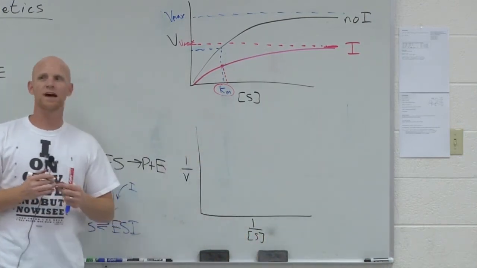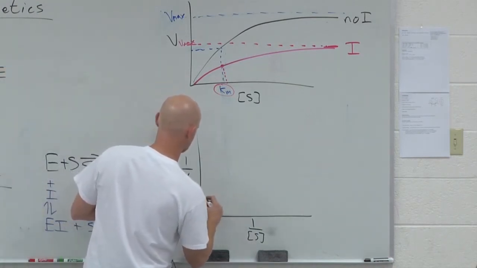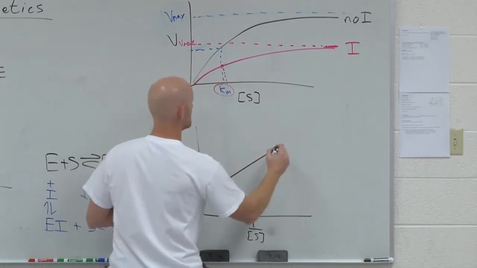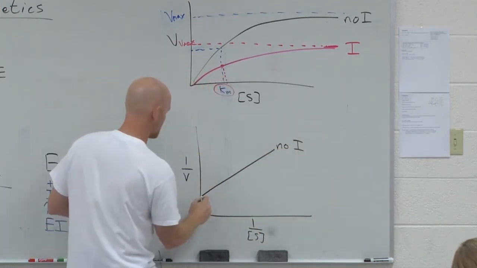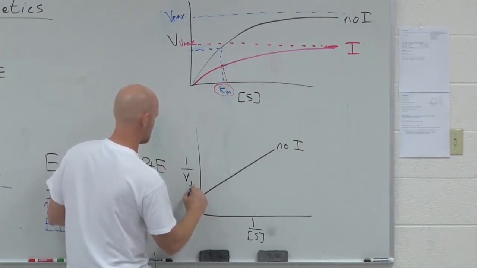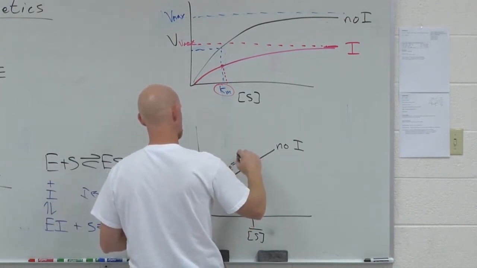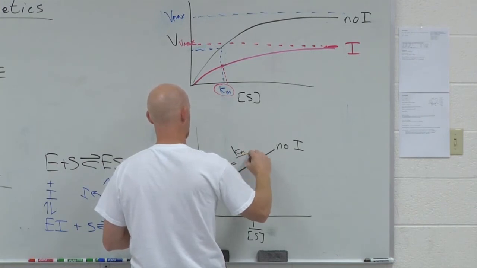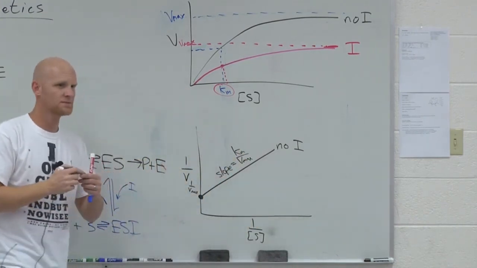So now if we look at our Lineweaver-Burk plot, and again, if we look at no inhibitor, and again, keeping in mind that our y-intercept is 1 over Vmax, and our slope equals Km over Vmax.